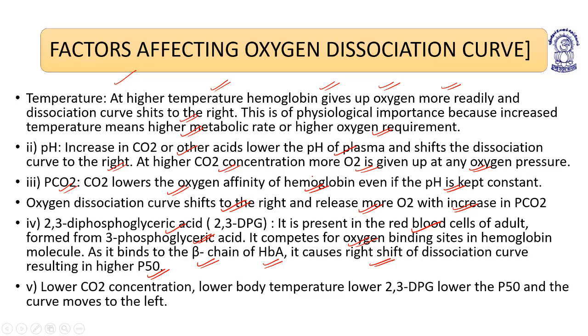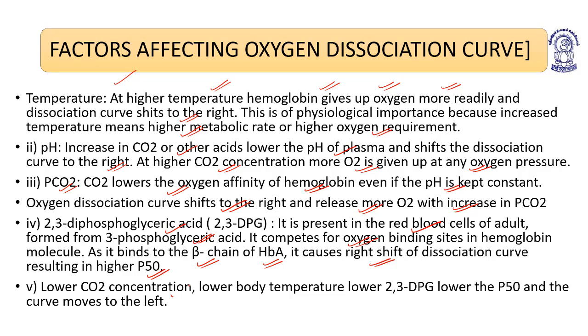Now the hemoglobin requires more oxygen, or a high pressure of oxygen, to combine with it. Although it is a very important fact that whatever the partial pressure of oxygen, even if you increase it, if the CO2 levels are high, it will dissociate oxygen. It will not combine with oxygen.